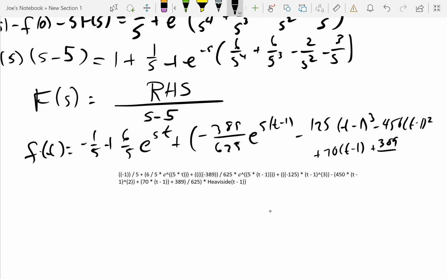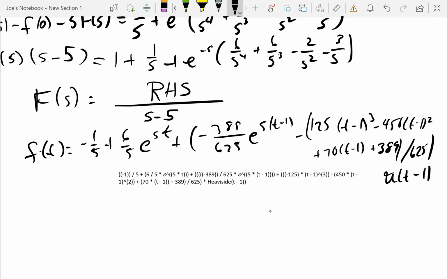Looks like all of this was over. That's interesting. It looks like we have a 389 over 625 for the whole thing. This whole thing divided by 625. And then the unit step function of t minus 1.